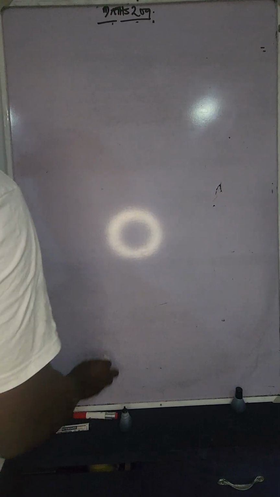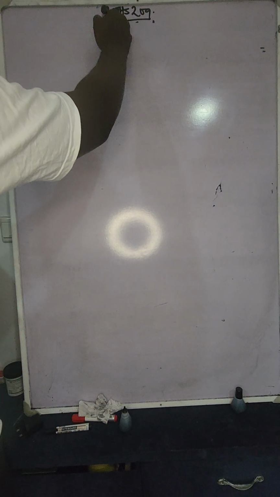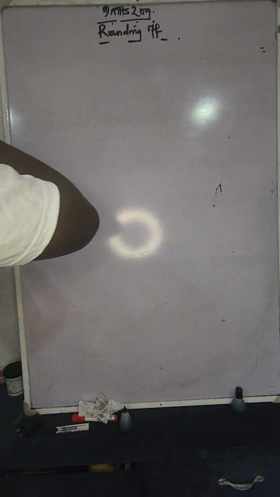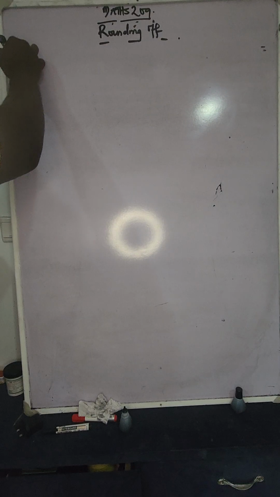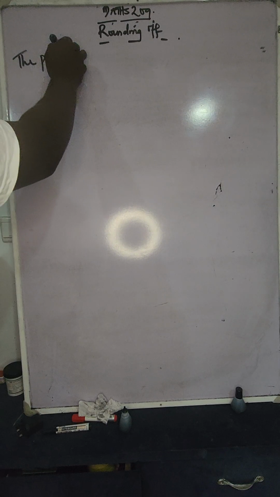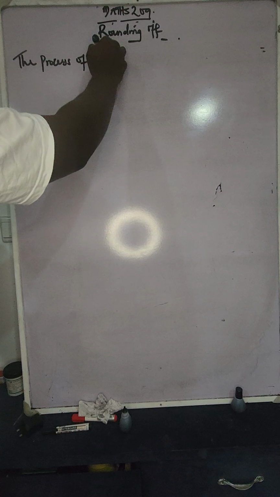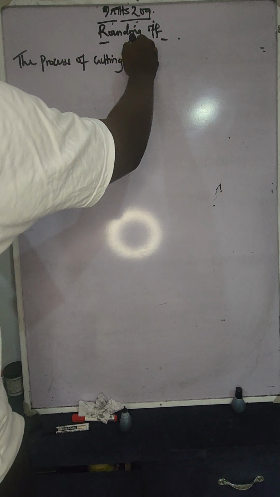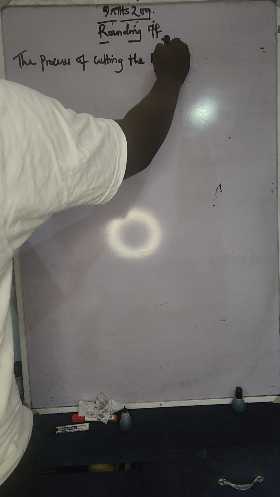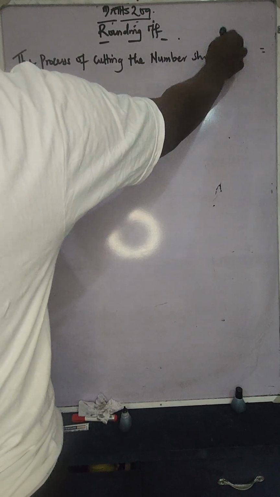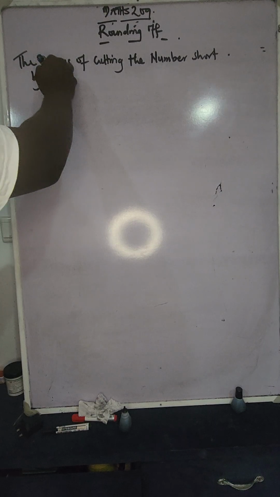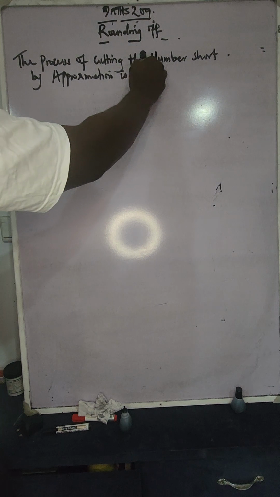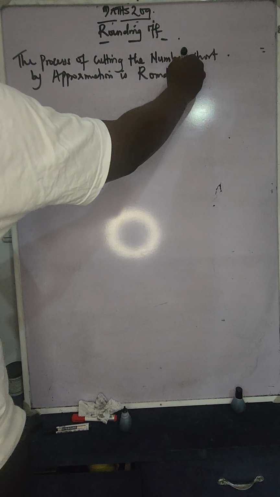We said rounding off is the process of cutting large numbers, or cutting the numbers short by approximation. It's called rounding off of numbers.